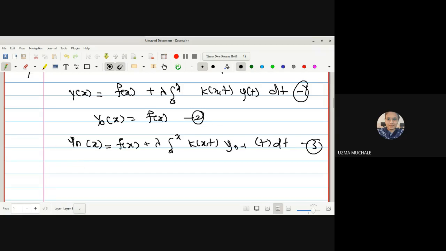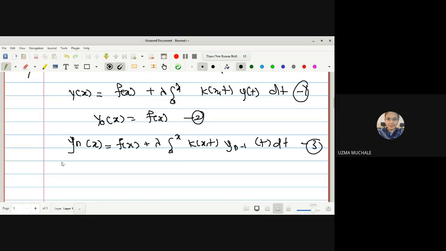This is our yn, the nth approximation of our function y. Initially, we are provided with y naught of x equal to some function f of x. In general, we can write the nth and n minus 1th approximations related this way. That means if you know yn minus 1, then you can find yn with the help of this formula.